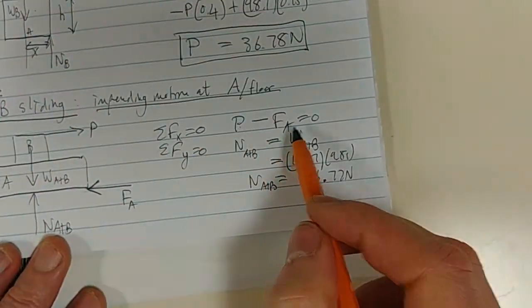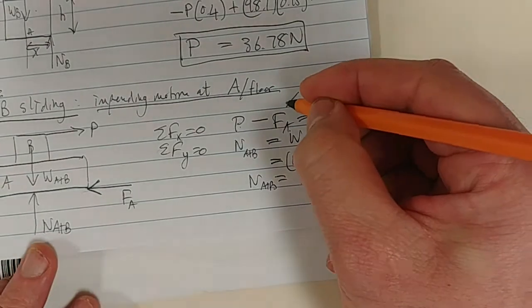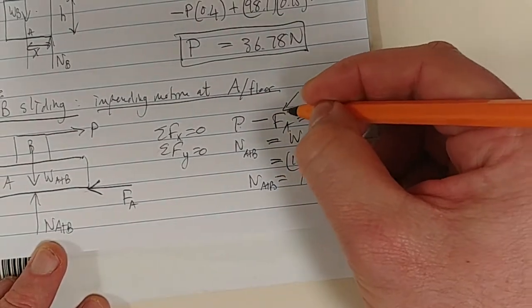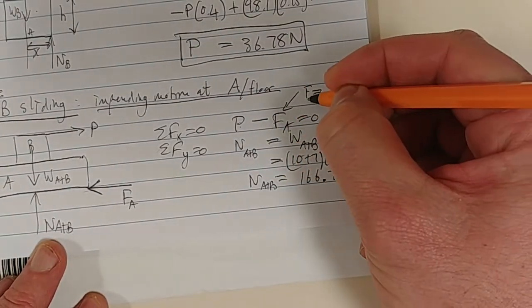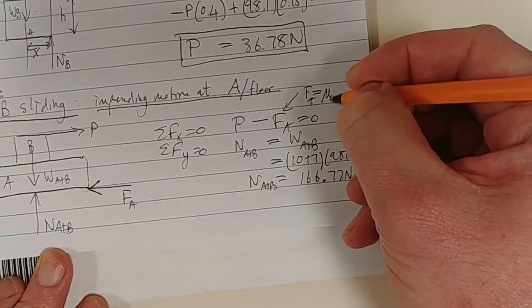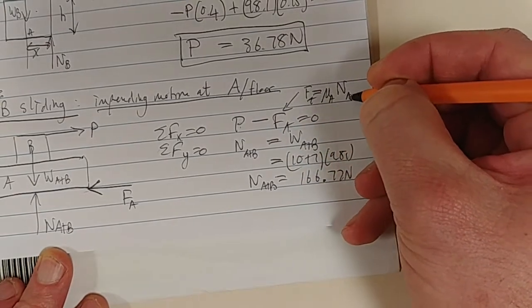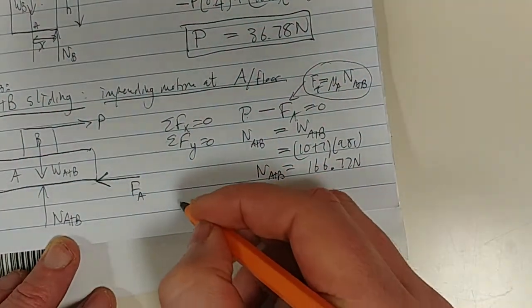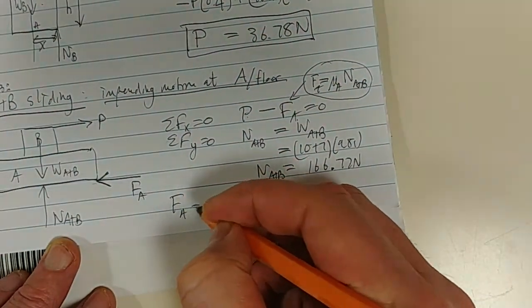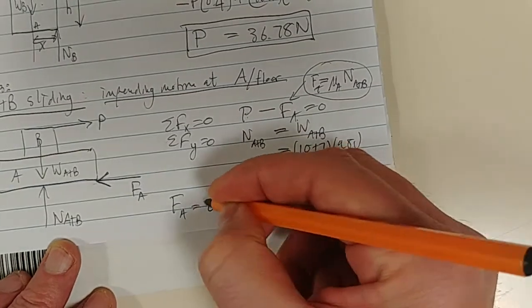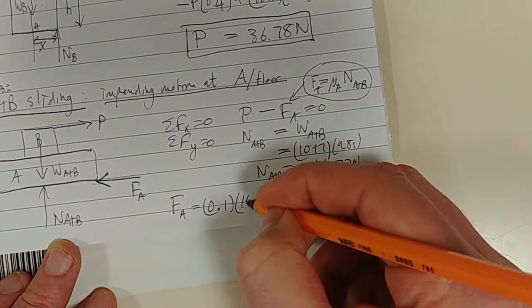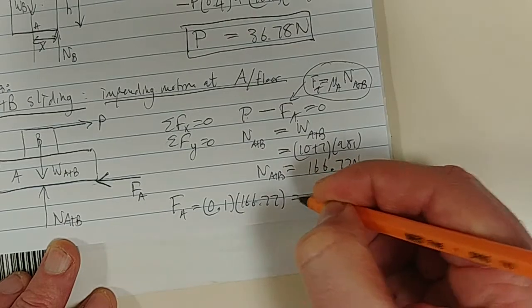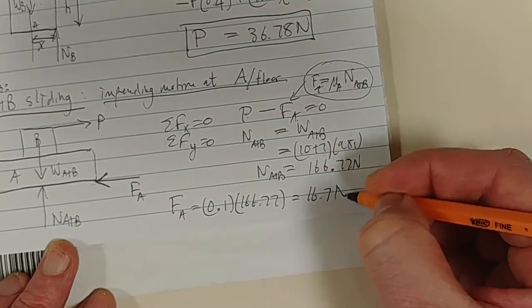And we know that P is equal to the frictional force, but that frictional force is at impending motion, so we can use mu A times N, A plus B. Okay, we can use the limiting static frictional equation. So Fa is equal to 0.1 times 166,77, which is equal to 16,7 Newton.